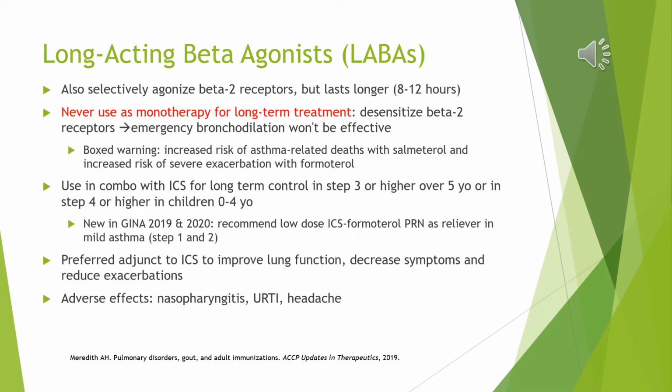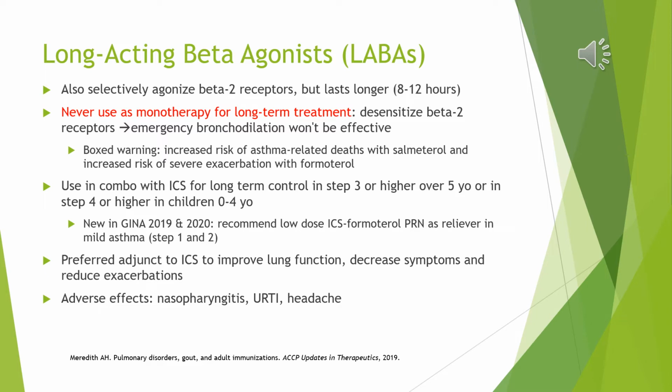The next class has a very similar name to the last class, and these are the long-acting beta agonists, or LABAs. So they also selectively agonize the beta-2 receptors, but they last longer, typically about 8 to 12 hours. The most important thing to know about LABAs in the treatment of asthma is that they should never be used as monotherapy for long-term treatment.